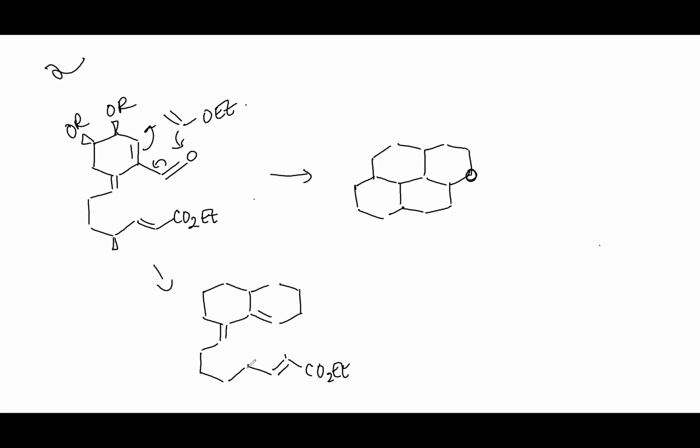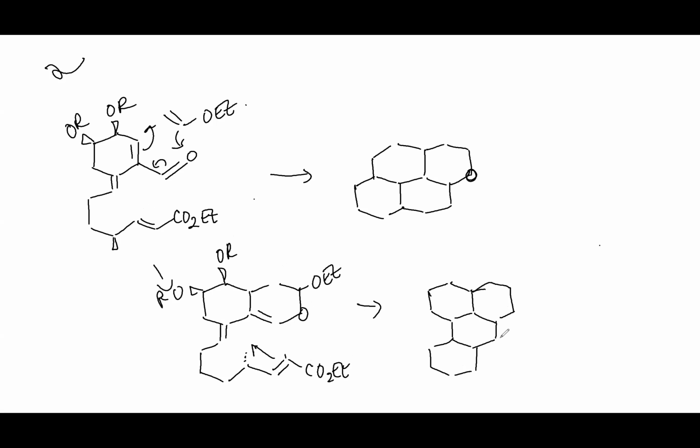CH2. This was like that. And then this would do a Diels-Alder reaction there, and this would give us something which looked like this. That's better. Okay. And we would have our CO2 ethyl here. O ethyl. This would be a double bond. This would be an OR.